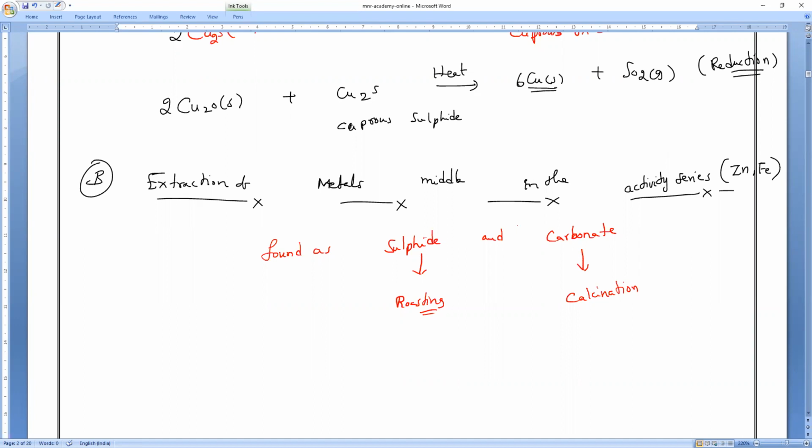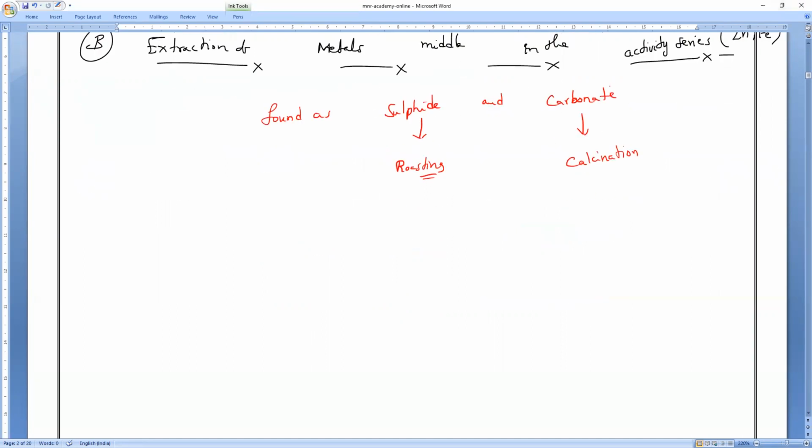We'll finish this one. As they are present as both sulfide and carbonate ores, they cannot be reduced directly. So what is the only way? First, they have to be converted into what?